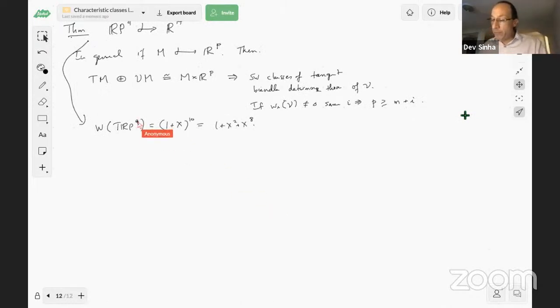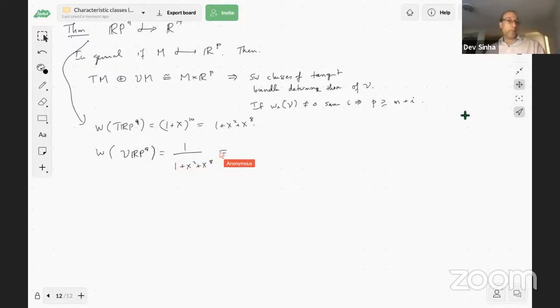So that means that the total Stiefel-Whitney class of the normal bundle of RP9 is something that, when multiplied by that, is the total Stiefel-Whitney class of the trivial bundle, which is 1.